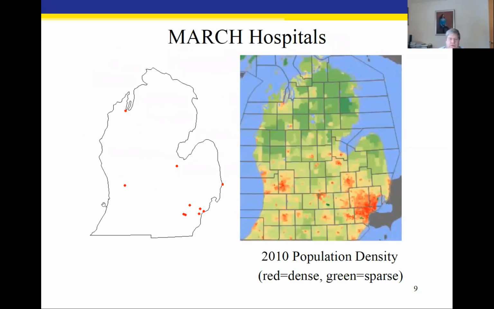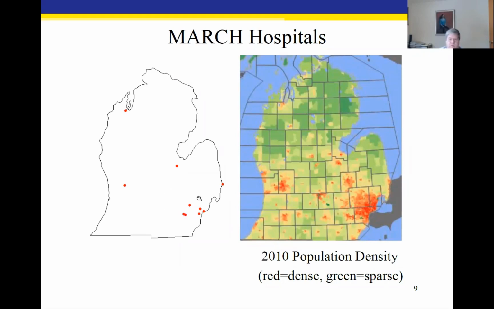And so these are the 10 March hospitals. I've put it next to a map that shows the population density of the state. You probably know that the majority of people in Michigan live in the southeast area, around Detroit and Ann Arbor. And then we have some cities up, Saginaw and Flint, and then the western part of the state, Grand Rapids and Muskegon. And there are a few other pockets of towns, and then some very thinly populated areas in the north. So we've picked these 10 hospitals. You can see they closely map the population density.